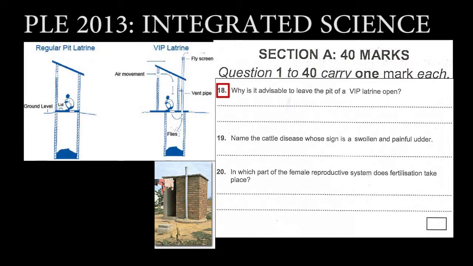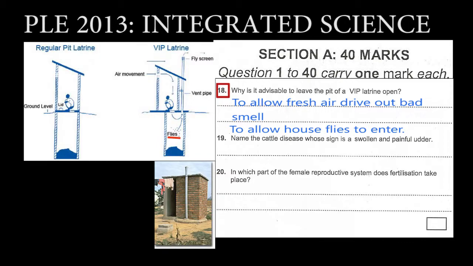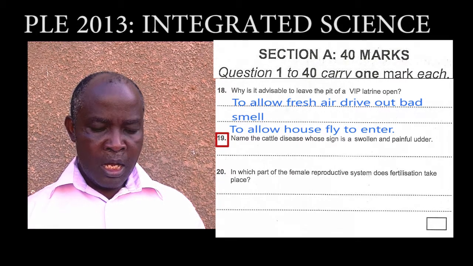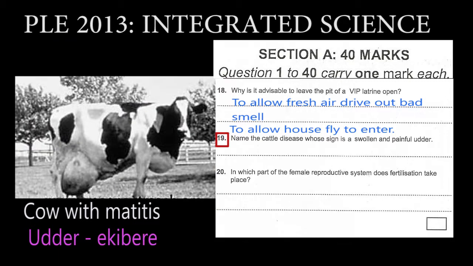Number 18, why is it advisable to leave the pit of a VIP latrine open? To allow fresh air, drive out bad smell, to allow housefly to enter. Number 19, name the cattle disease whose sign is swollen and painful udder.